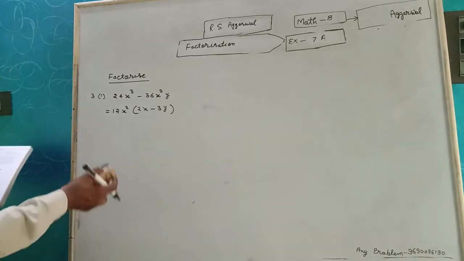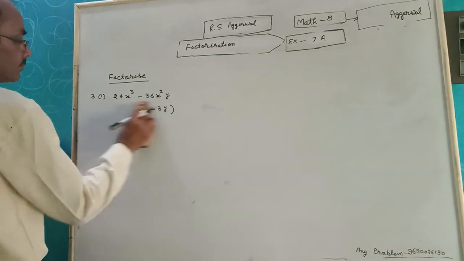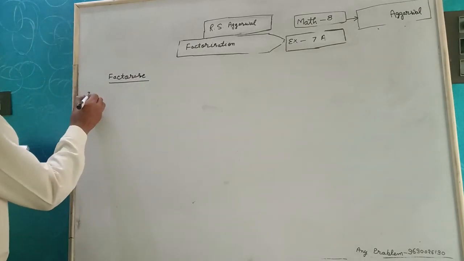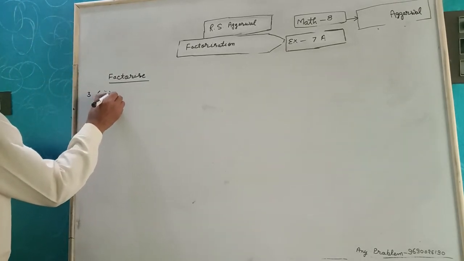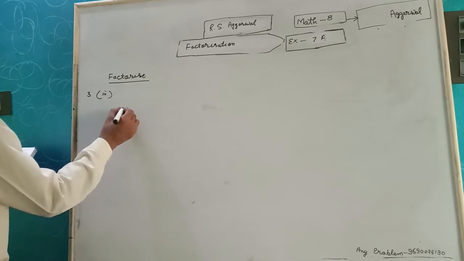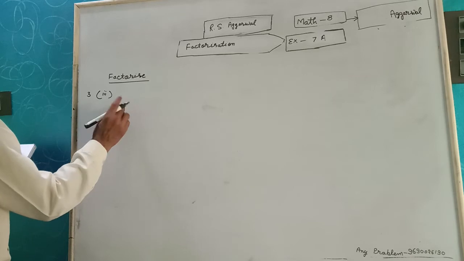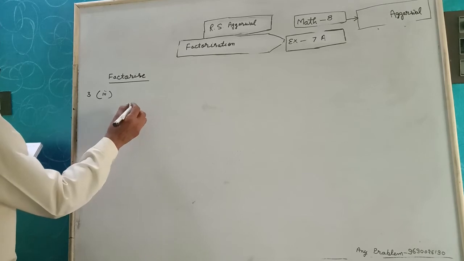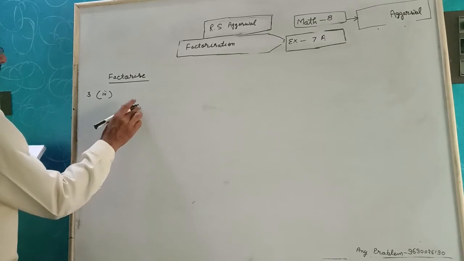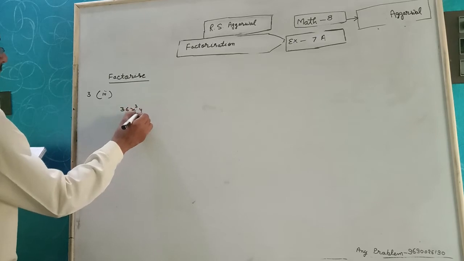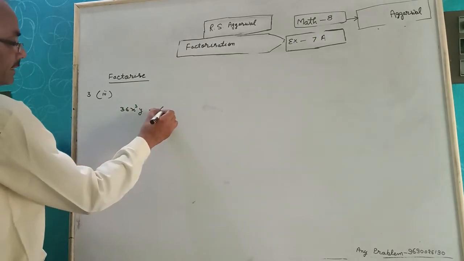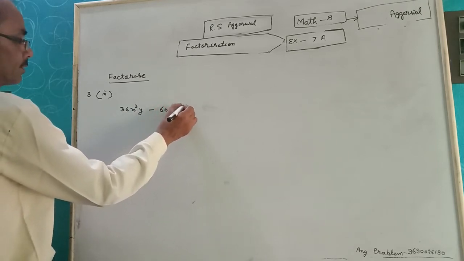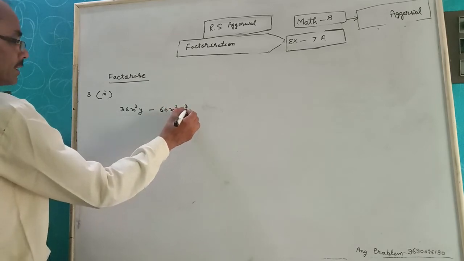Question 3, third part. Third part is 36x square y minus 60x cube y cube z.